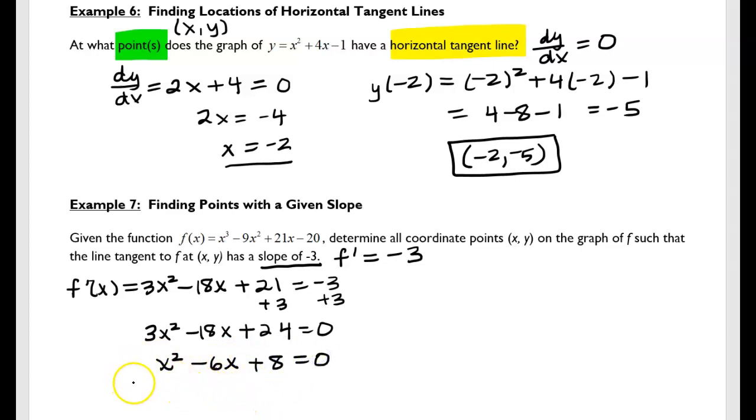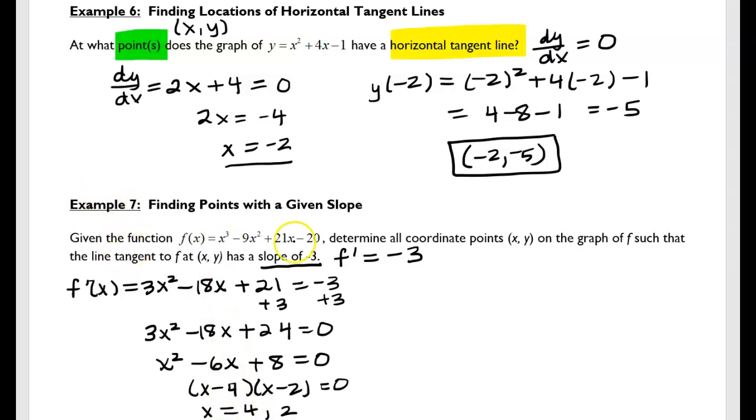I could just factor out the 3 in front, but that's never actually going to give me an answer of 0, so I don't need to keep it there. So when I factor x squared minus 6x plus 8, that factors into x minus 4 times x minus 2. And so my solutions are x equals 4 and 2.